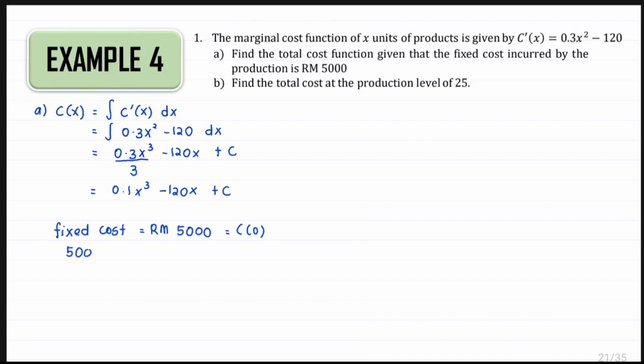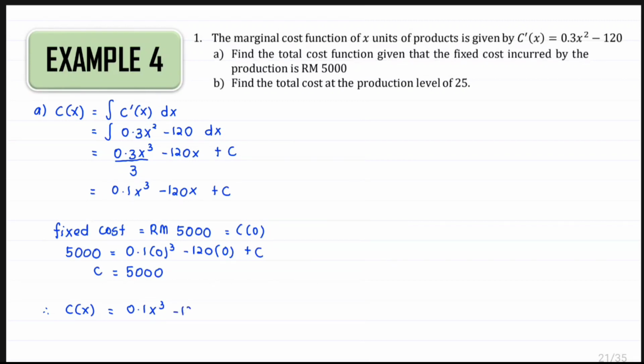So 5,000 comes from x equals 0. Then we solve, we get C. Hence, our total cost function is 0.1x cubed minus 120x plus 5,000.